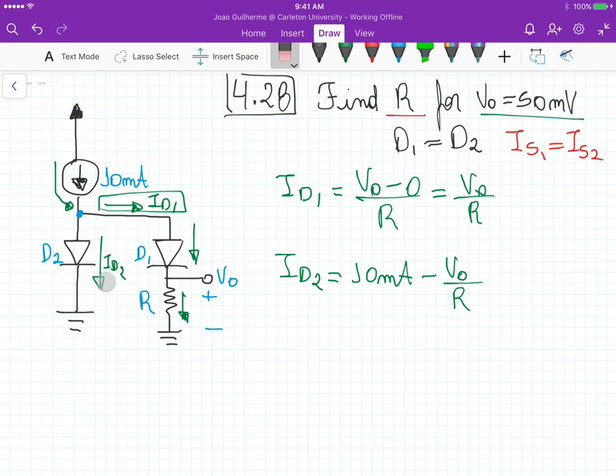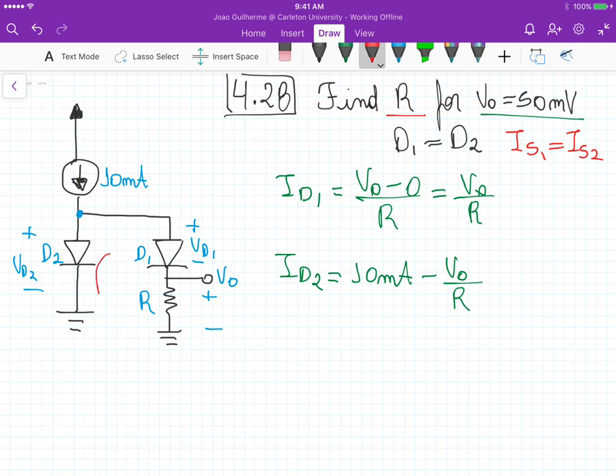Now let me simplify this drawing a little bit. If we look at the diodes, diode D2 has VD2 here, and diode 1 has VD1 here. That's the voltage across each of the diodes.